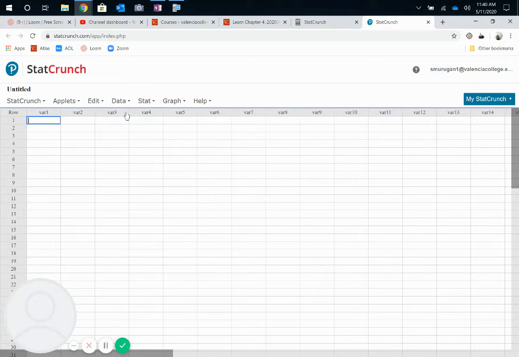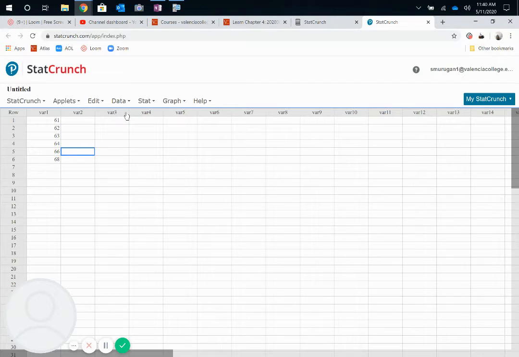Use two separate lists, one for the height. So in this case, I have 61, 62, 63, 64, 66, and 68.